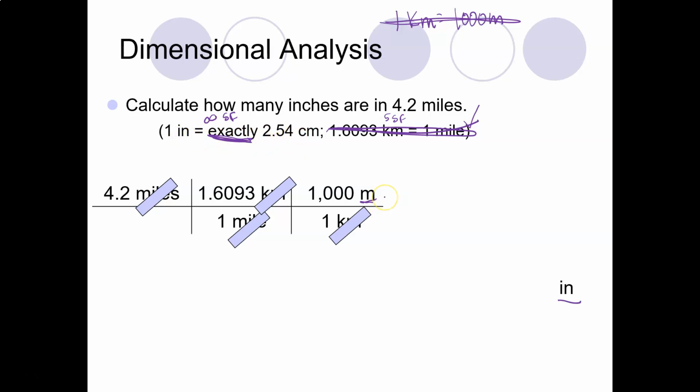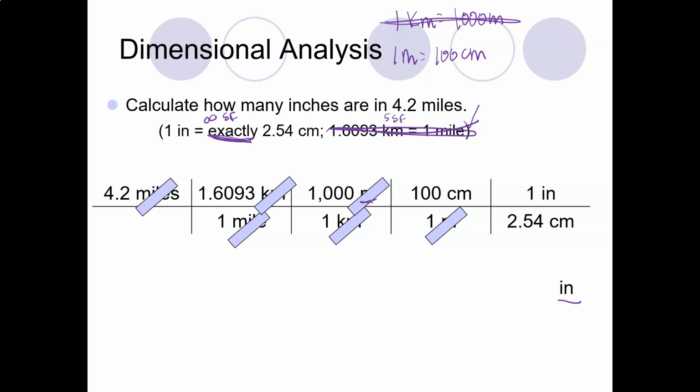So let's go from meters to centimeters. 1 meter is 100 centimeters. That gets me in centimeters, which means I'm still not done. But I can finally use that last unit factor. 1 inch equals exactly 2.54 centimeters. So I can put 2.54 centimeters on the bottom and 1 inch on the top. And I can get myself a number in my calculator.